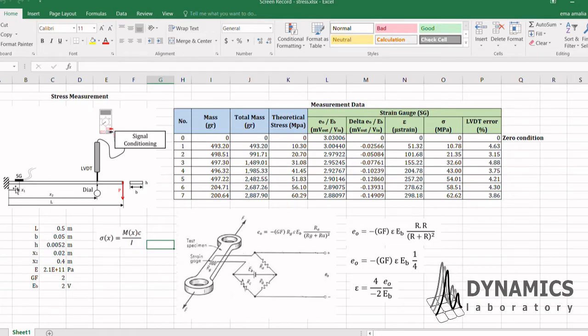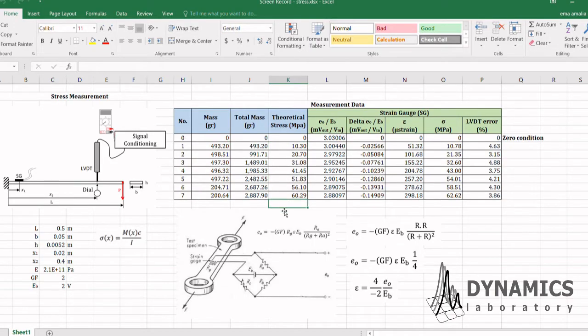Therefore, based on this formula, you can calculate the theoretical beam stress. In the calculation process, please pay attention to the location of the strain gauge because it will affect your bending moment and also stress. I have already calculated the theoretical beam stress before, and I wrote the calculation result in this column.